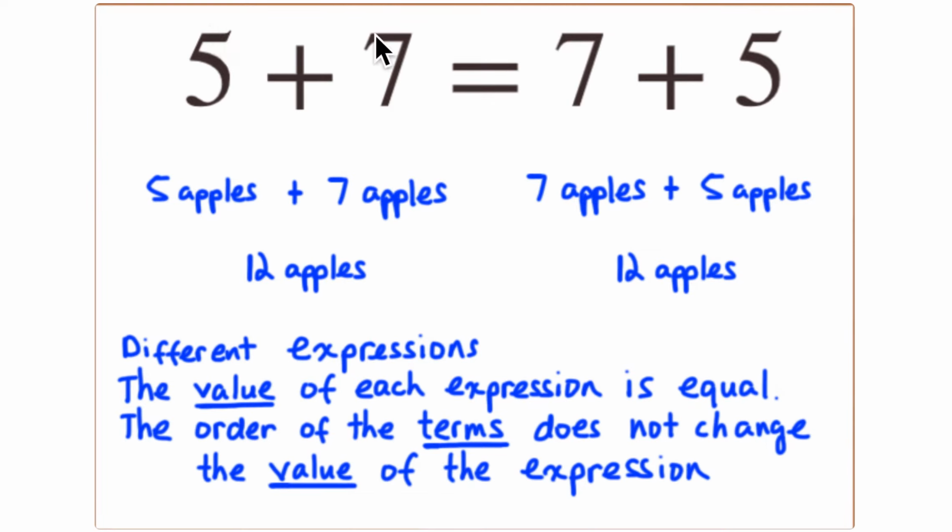So you can move these addends around and it doesn't change the answer, and that's useful when solving equations. Whatever order you have the terms in, it doesn't change the value of the expression.